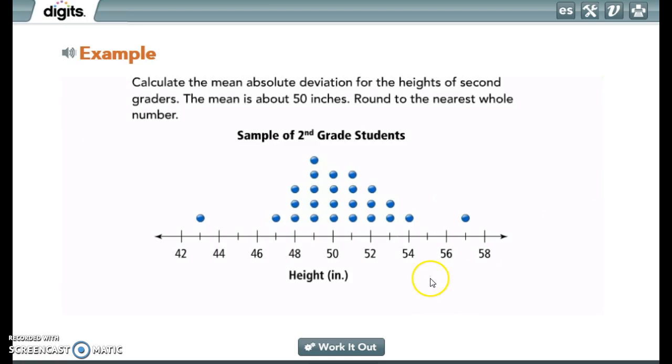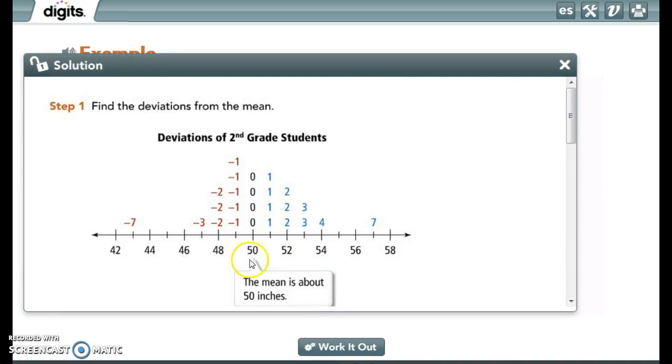Okay, so now that you've found that the mean is 50, next we want to record our absolute deviations on the image. So I know that my mean is 50, so all those data values are my 4 data values that were at 50. I'm going to put 0 above them because all of them have a deviation of 0.